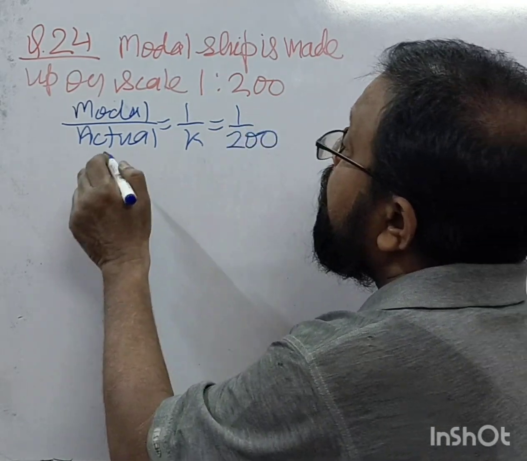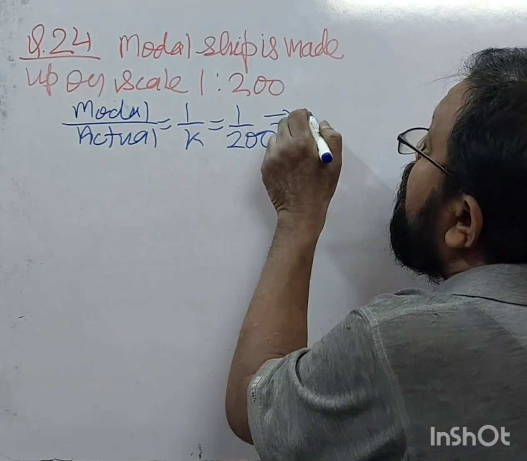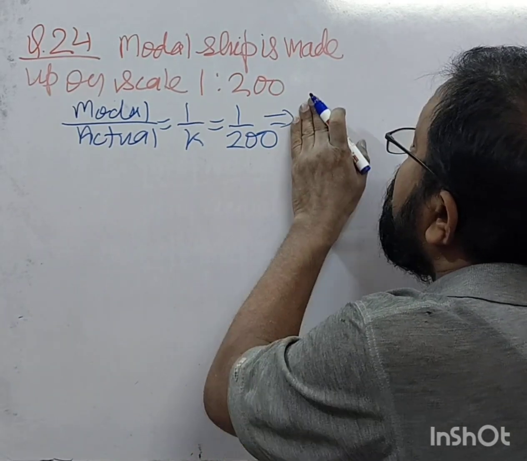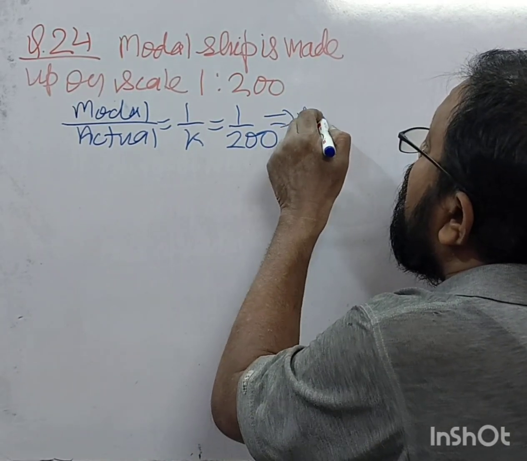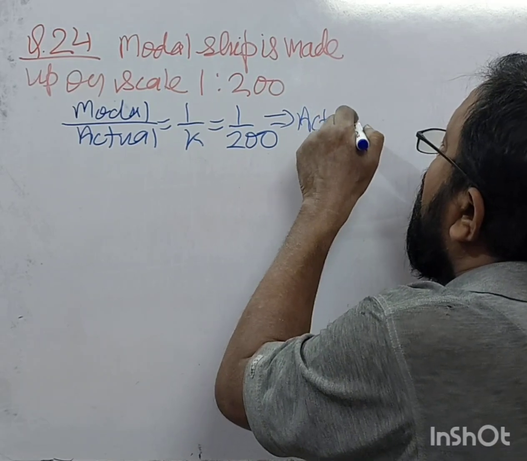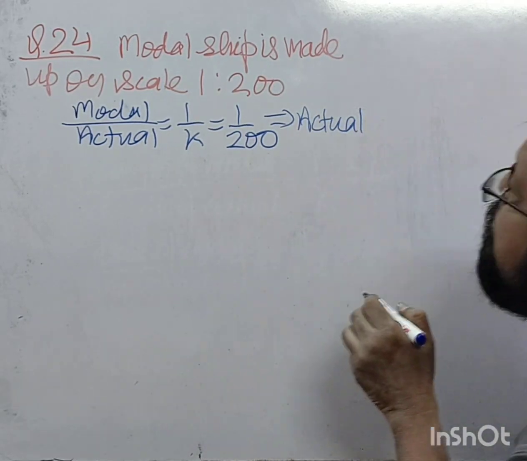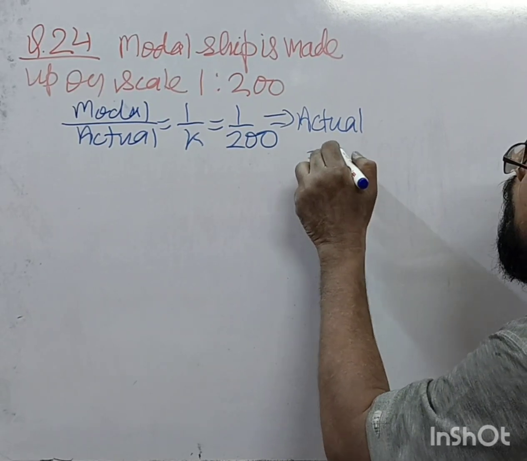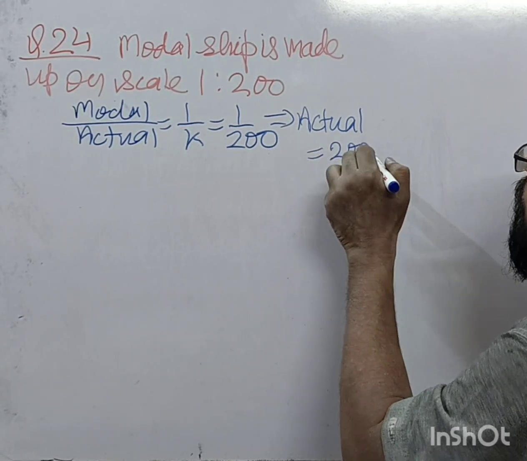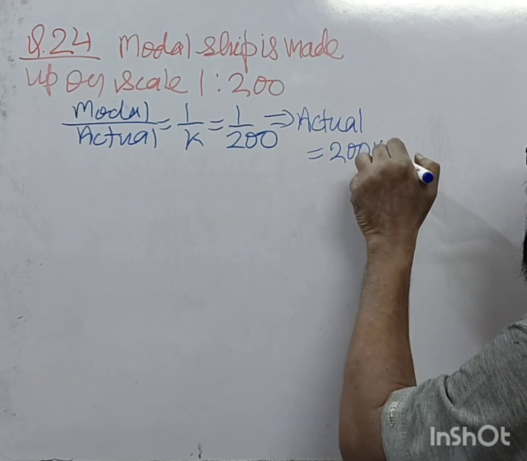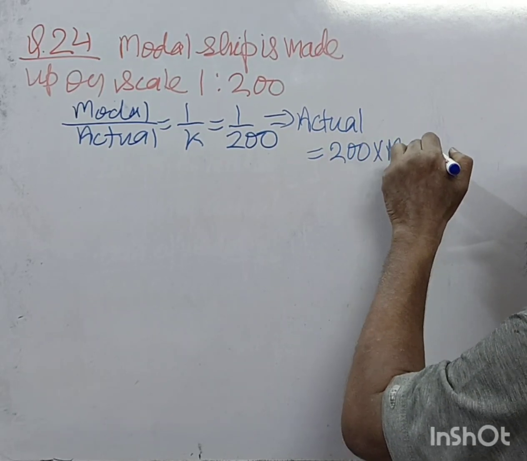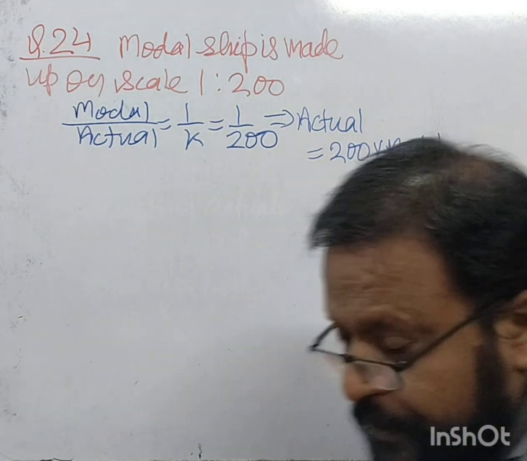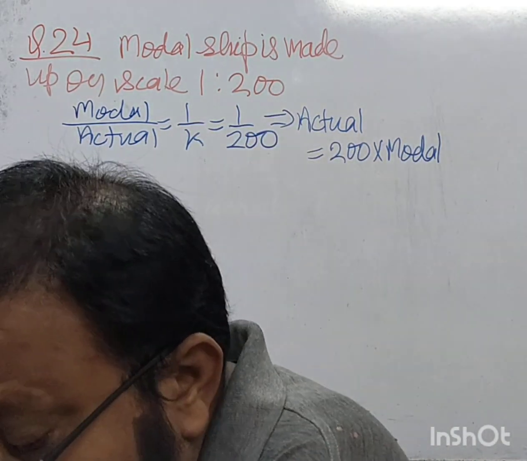So you can say actual is 200 times of model, right? This is the question we have, and now we have to solve this question.